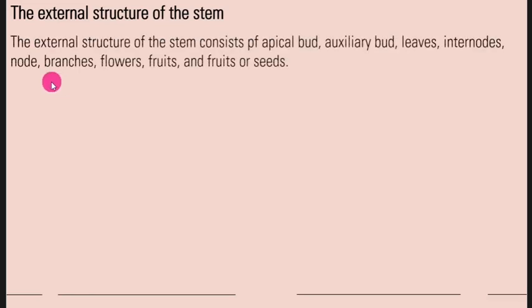What you should know is that the external structure of the stem consists of apical bud, auxiliary bud, leaves, internodes, nodes, branches, flowers, fruits, and seeds. Yeah, we can ignore fruit being repeated here. So these are the things which make up the stem: apical bud, auxiliary bud, leaves, internodes, nodes, branches, flowers, fruits, and the seeds, like here.